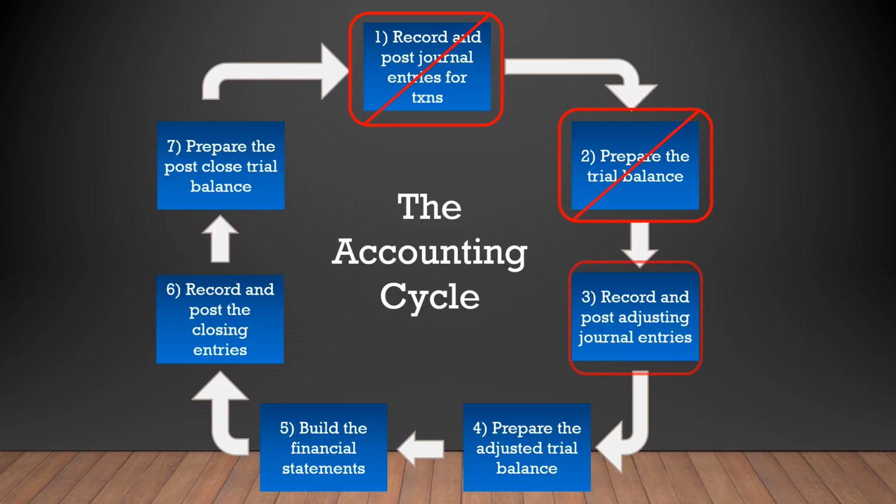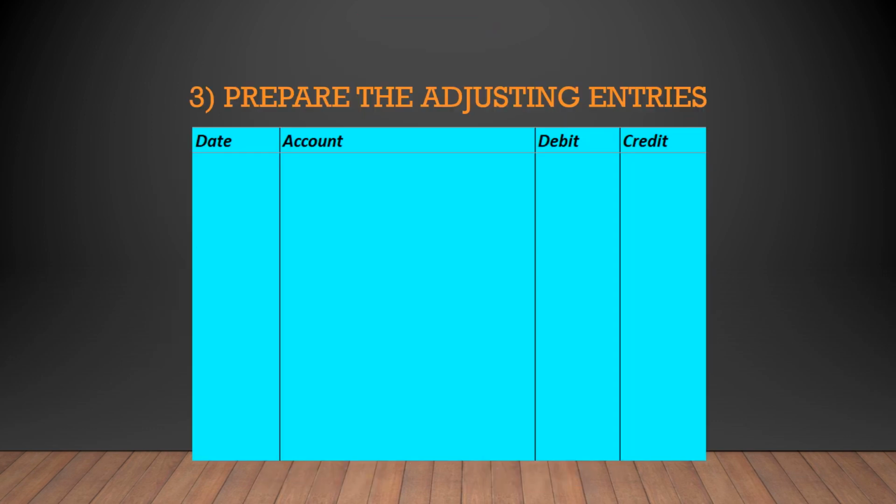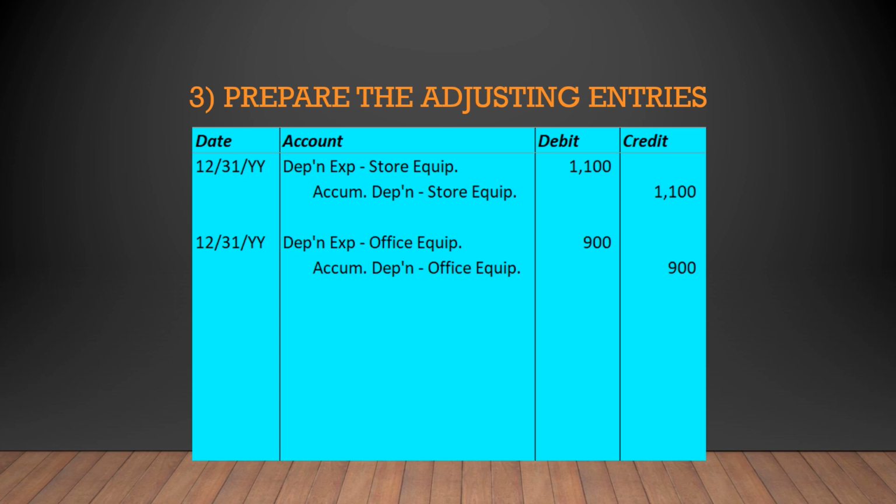Next, we prepare our adjusting entries. Of course, we record these entries as I discussed in video 5. Let's imagine that we have the following adjustments. First, we'll record depreciation expense on store and office equipment in the amounts of $1,100 and $900 respectively.